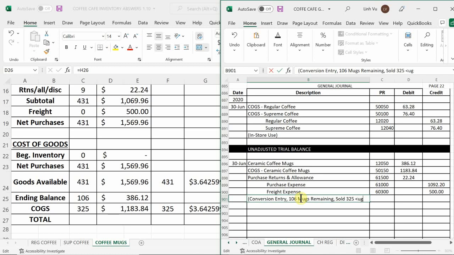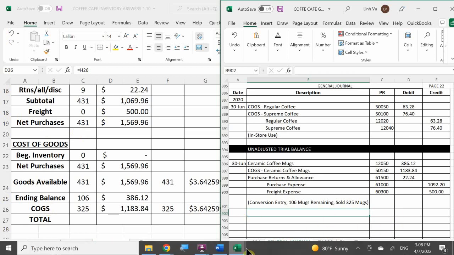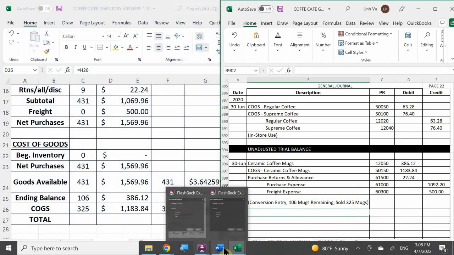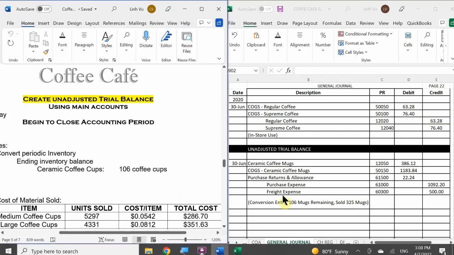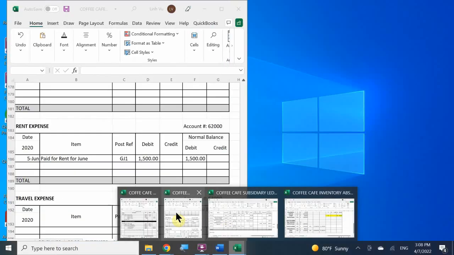Okay. What's next? Now that you posted to the journal, what's next? Our ledger. We need to update our ledger so then our adjustments can be corrected, right?